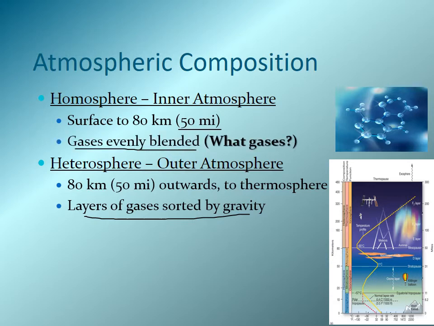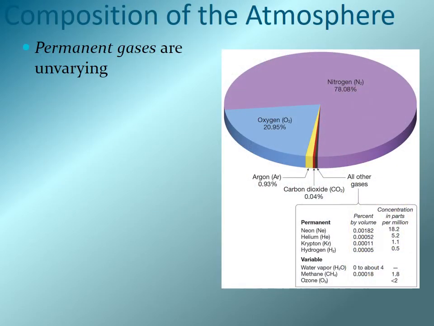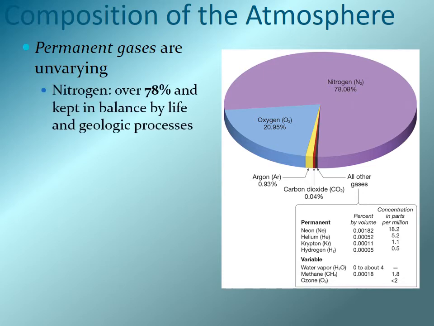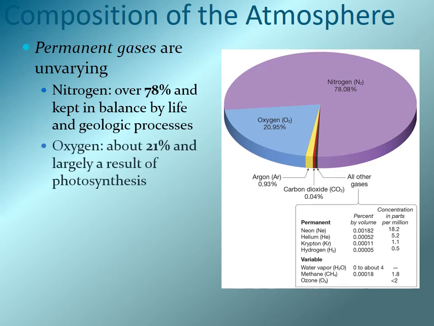So exactly what gases are these? Permanent gases are the ones that don't change necessarily. And you might think that oxygen actually is the number one gas. Nitrogen constitutes over 78% of our atmosphere. Oxygen is 21%, and largely due to photosynthesis.